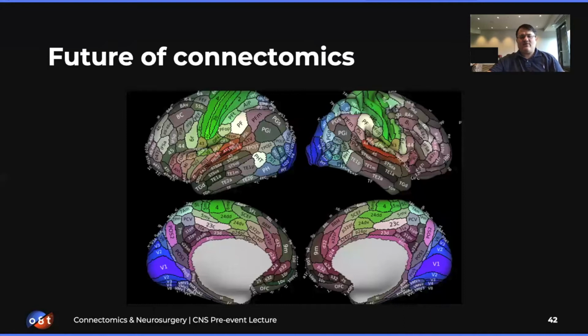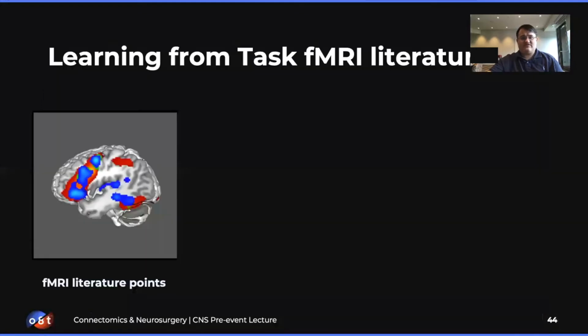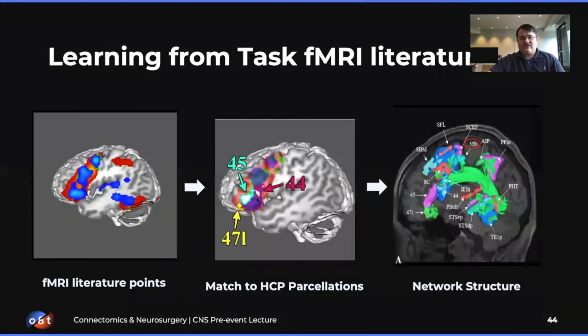So again, by linking these to names of places, given that we can now parcellate almost any brain with the reparcellation technique, it allows us, and we've begun to understand a lot about these areas, we can then begin to figure out where in the brain do these areas live by taking all of the task-based fMRI literature, performing a technique called meta-analysis, where we find where in the brain is, for example, the language system in this case, linking them to parcellations by finding out which parcellations or regions lie in those areas, and changing this to a detailed structure of what the network looks like from a white and gray matter standpoint with names.